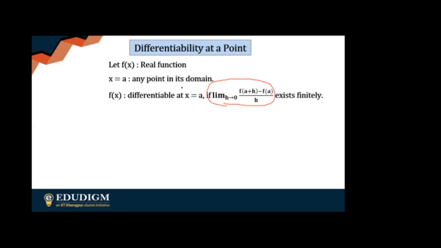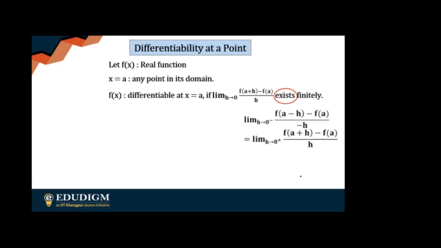For differentiability, it is very important that you understand the limit exists finitely. So two things: what about the existence? Simple existence of a limit tells you that the left hand and the right hand limit should be equal. Very simple definition, a very intuitive thing.